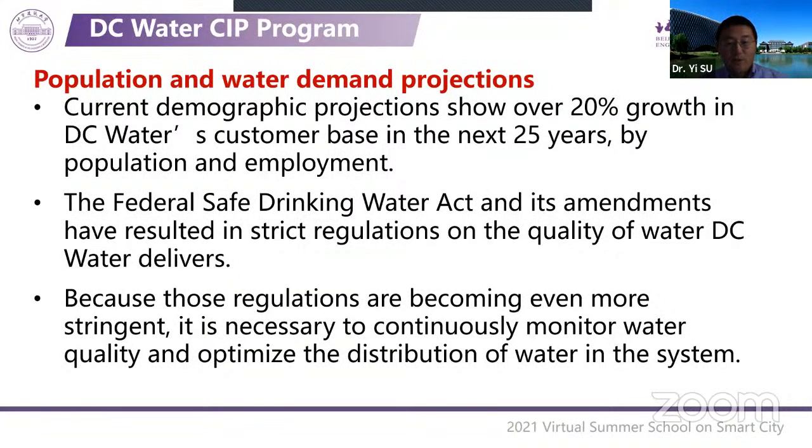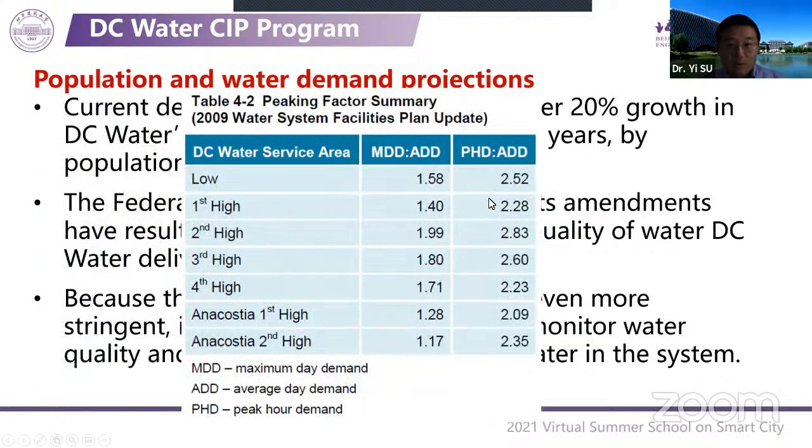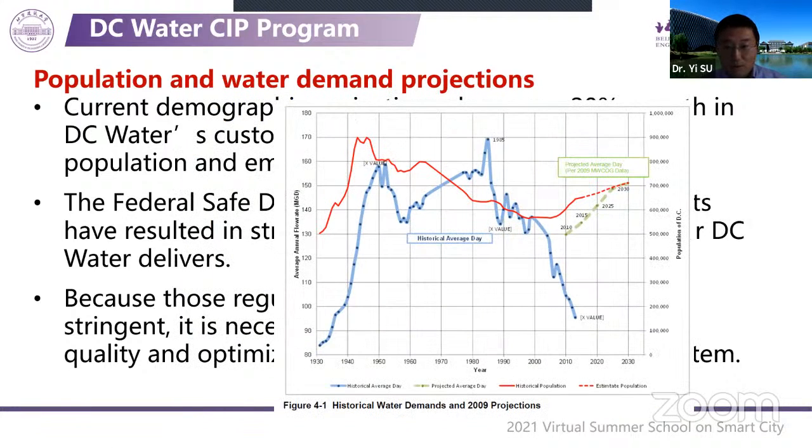And because those regulations are becoming even more stringent, it is necessary to continuously monitor water quality. So this is the service area for DC Water, and you can see the demand is increasing. Yeah, this is a projected profile. You can see it's going up, the demand.